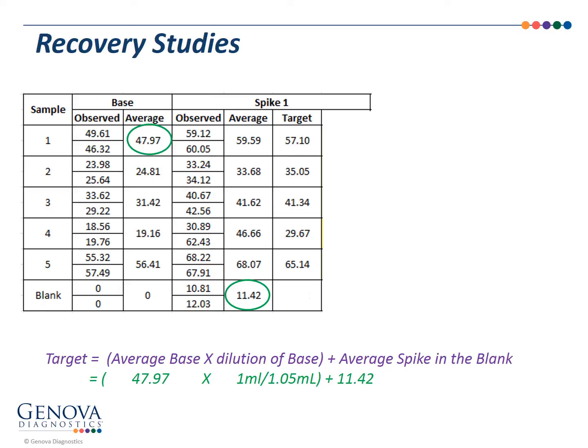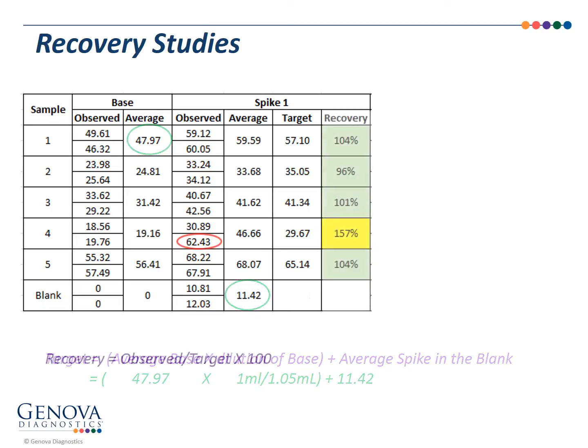So we've already accounted for the dilution of the spike material. And so that gave us a target value of 57.1, and we actually observed an average value of 59.59, which is a recovery of 104%. So recovery is observed divided by target times 100 to make it a percentage.